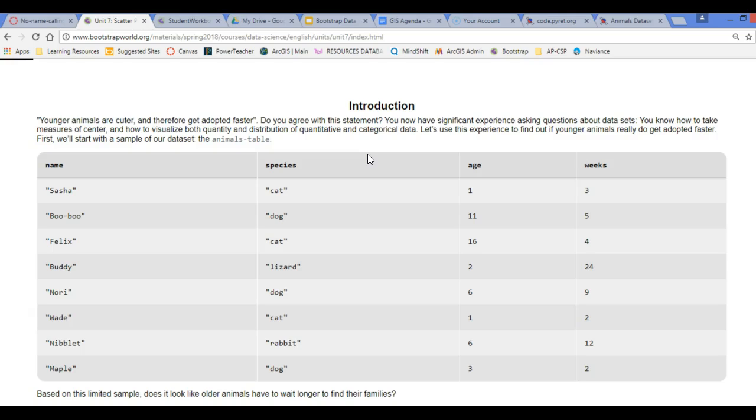So we can visualize that through bar graphs, pie charts, frequency charts, and histograms. We can use what we know to see whether or not we can answer this question. So based on this limited sample, as you are looking at this data, does it look like older animals have to wait longer to find their families?